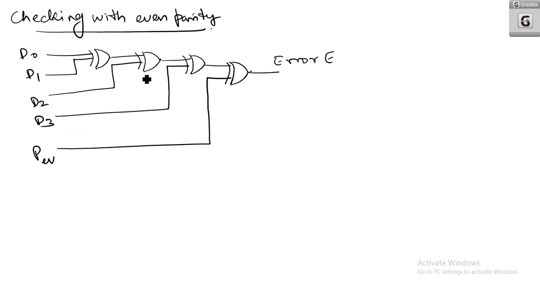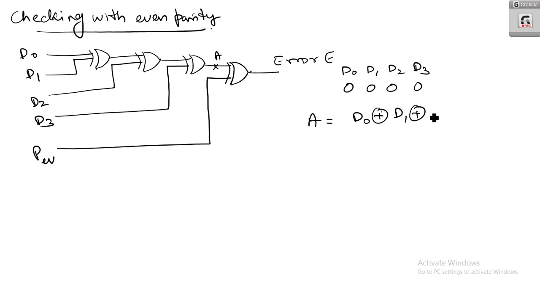Now I am considering the first case. I will consider 2 cases for example. The data are 0, 0, 0, 0, that is D0, D1, D2, D3. So what is at point A? At point A, you will get D0 XOR D1 XOR D2 XOR D3. 0 XOR 0, 0 XOR 0, 0 XOR 0, so A is 0.